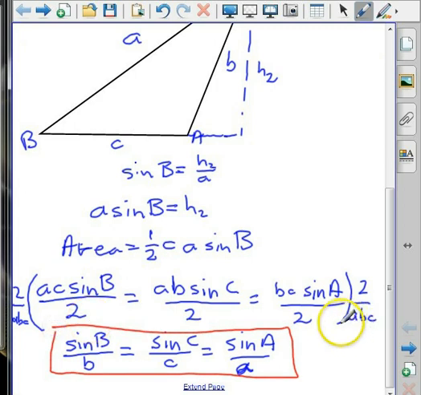And the advantage of this law is that it works for any triangle, not just right triangles, but any triangle.